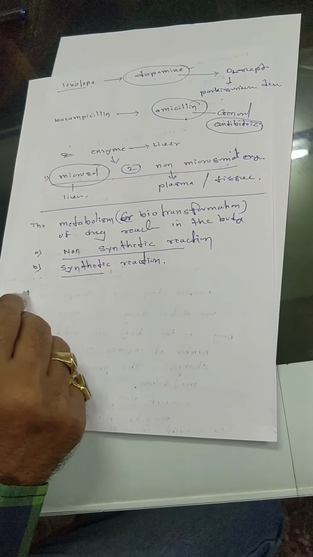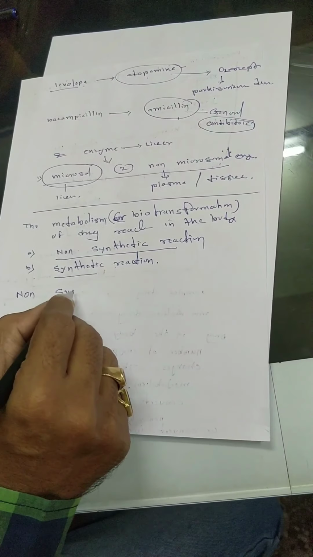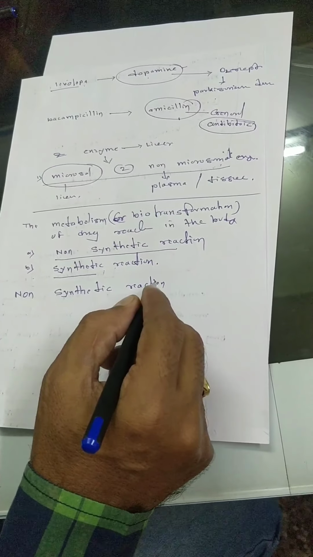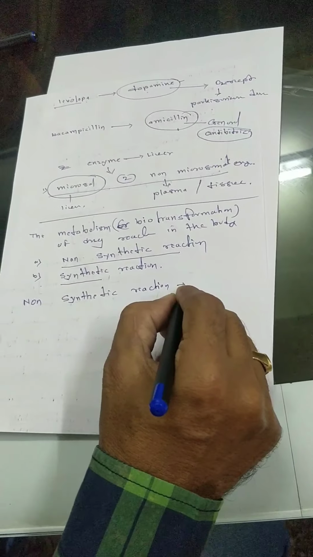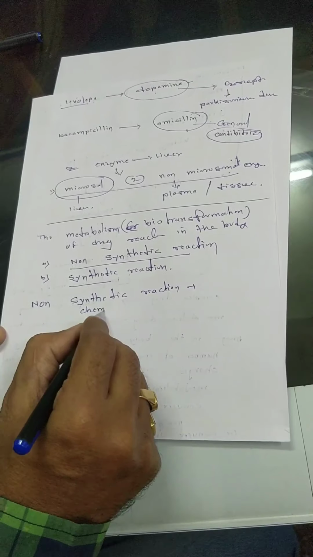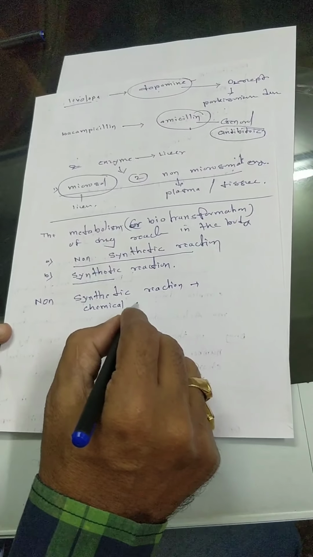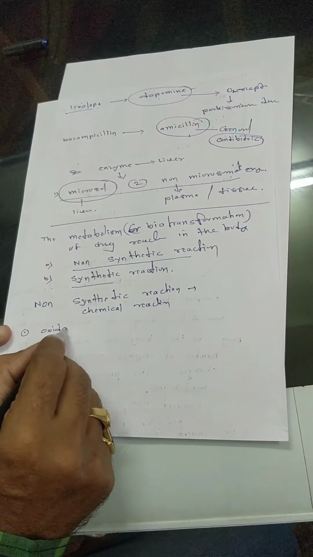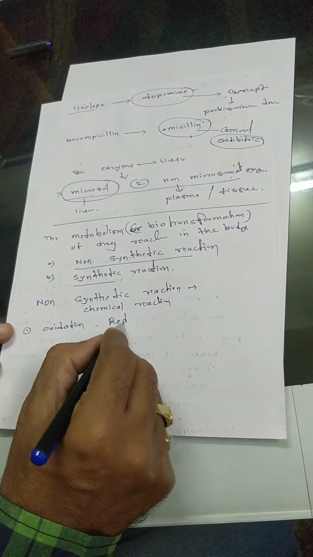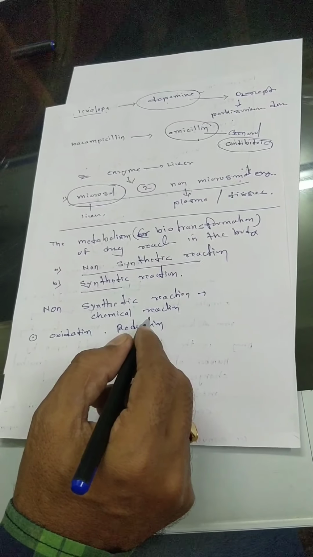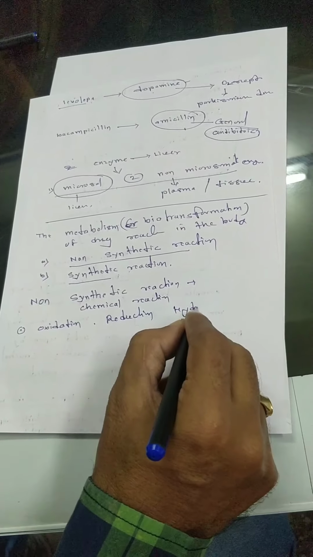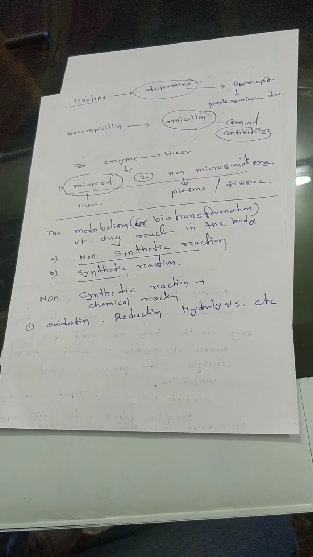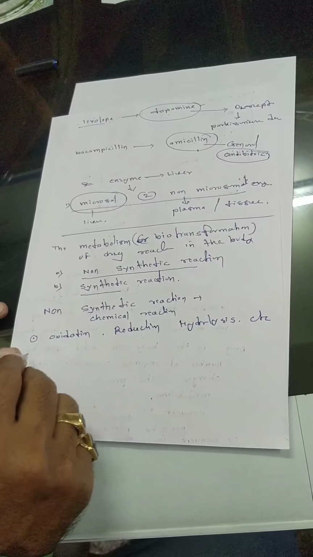Non-synthetic reactions involve so many chemical reactions, for example oxidation, reduction, hydrolysis, etc. These are the chemical reactions. Now the example: see the oxidation.